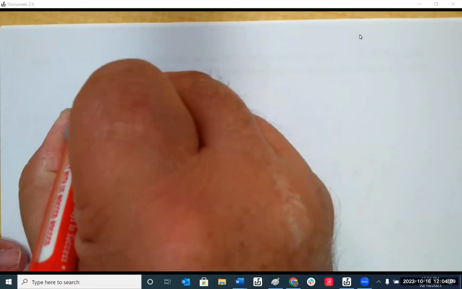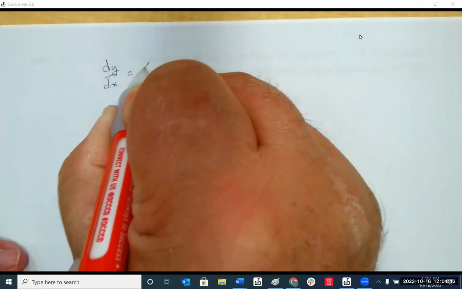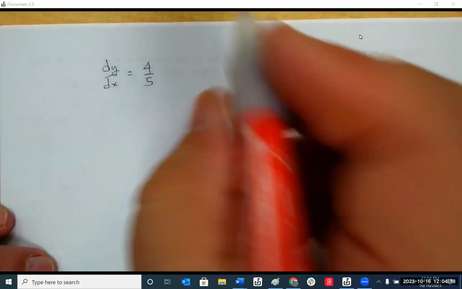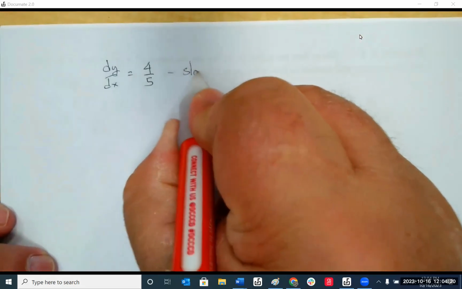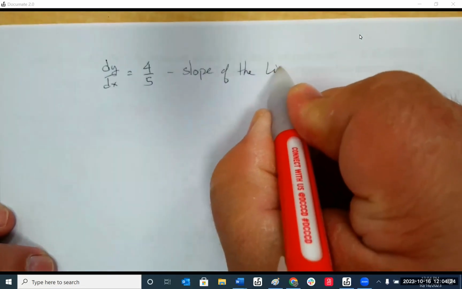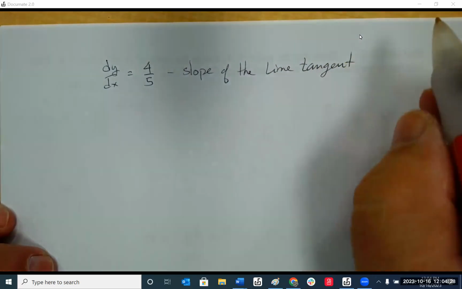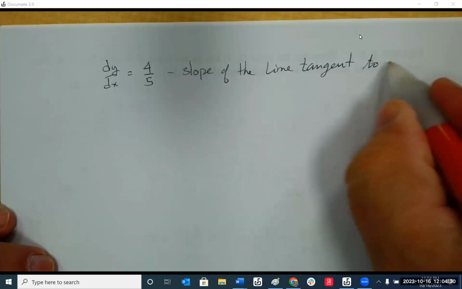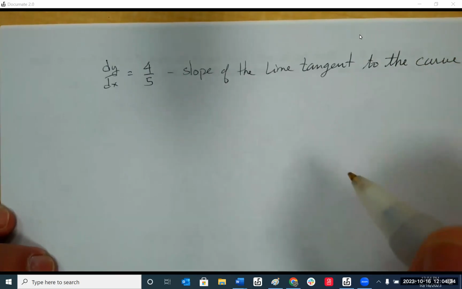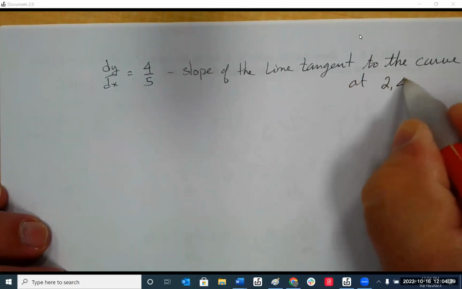We know dy dx is equal to 4 over 5. That's the slope of the line tangent to the curve at 2, 4.